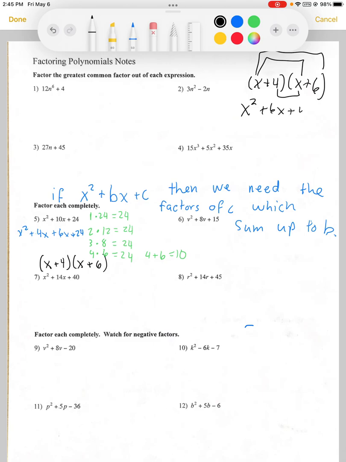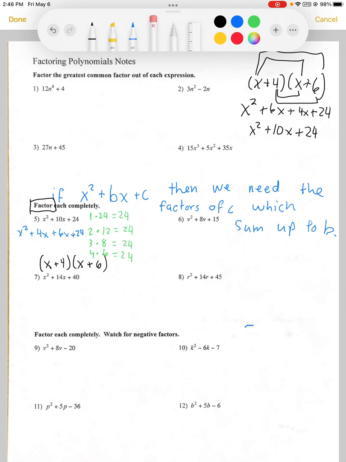Multiply the inside terms, we get 4x. Multiply the last terms, we get 24. Giving us x squared plus 10x plus 24. Meaning we have successfully factored our trinomial into two sets of binomials.